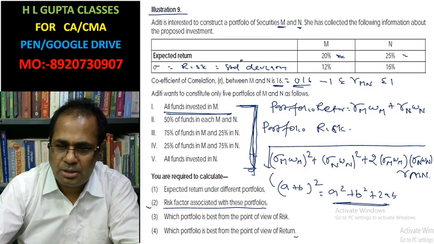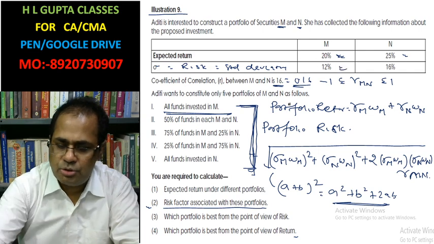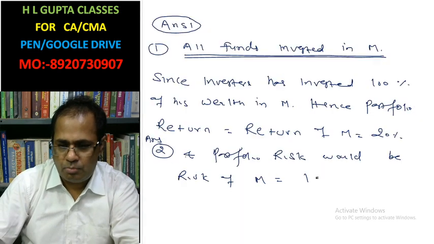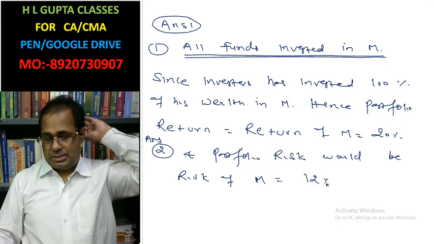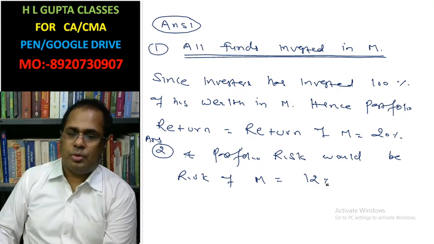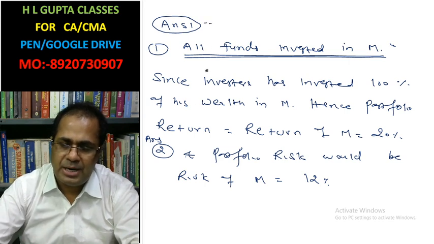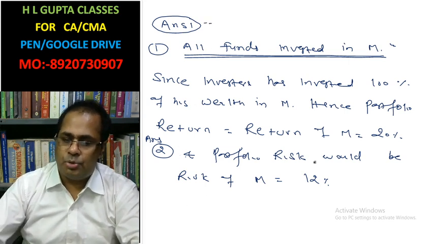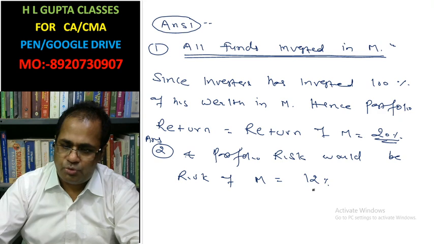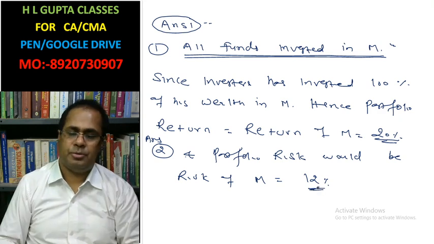M's risk is 12%. So under the first weight you have calculated the answer of the first part and second part: portfolio return 20%, portfolio risk 12%.